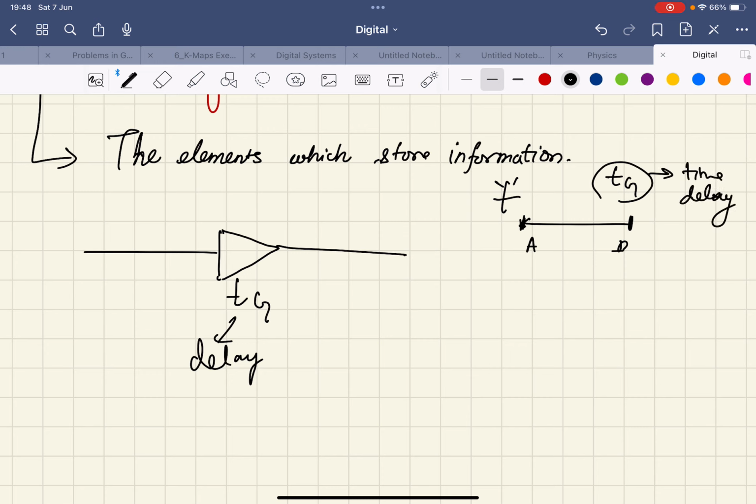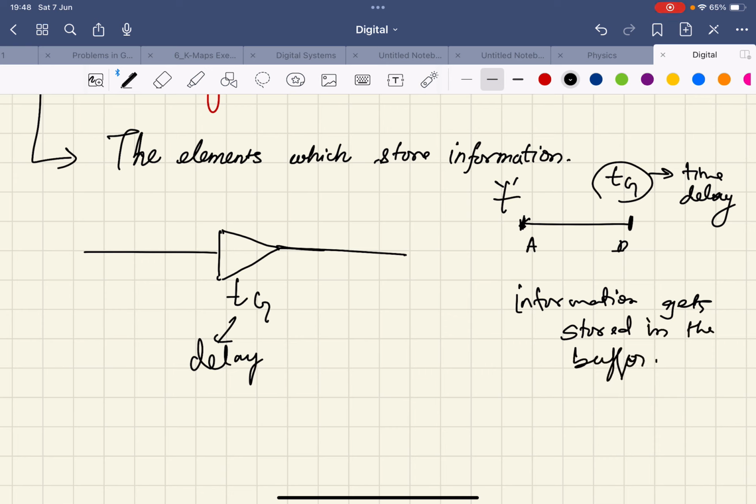So it took some extra time tg. So we represent, all the information will get lost if it is taking so much time. It has to reach from A to B with certain time t. So this information gets stored in the buffer.